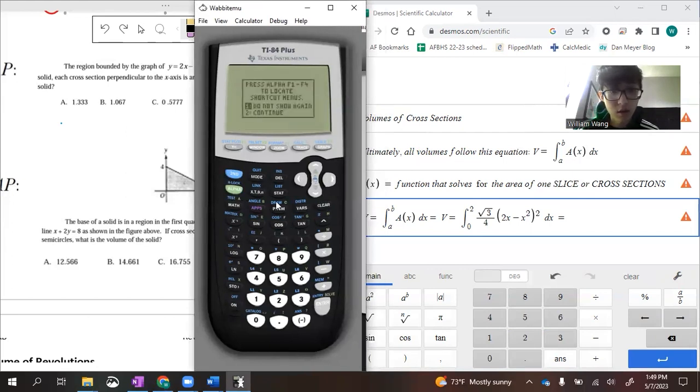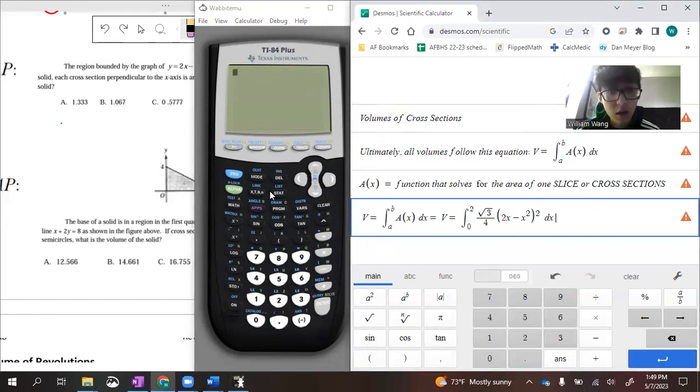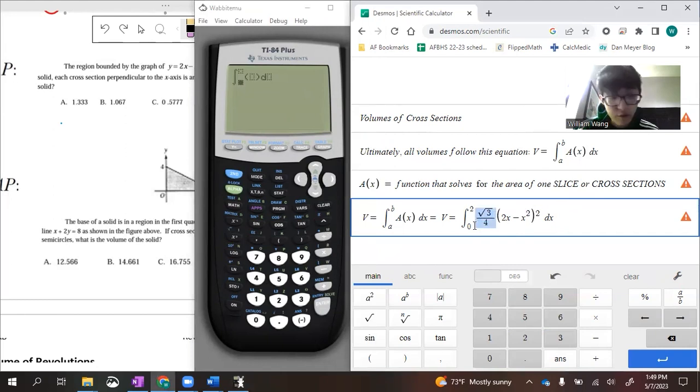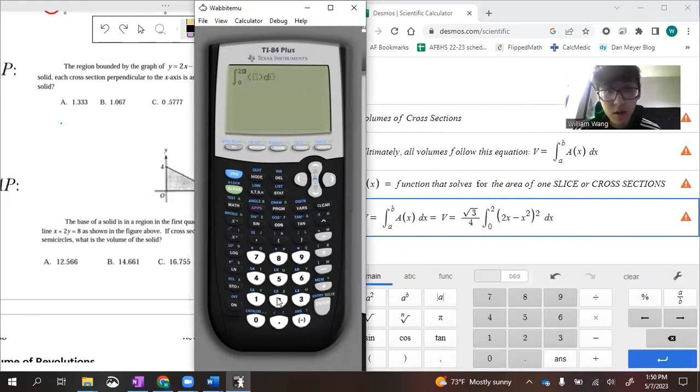So let's go to math, and now let's solve this integral. I'm going to go to fnInt. Remember, root 3 over 4, I can actually move that out front, so I might calculate for that later just to make my integral easier to type. So I'm going from 0 to 2, and really what I'm doing here is 2x minus x squared, this whole thing squared, dx.